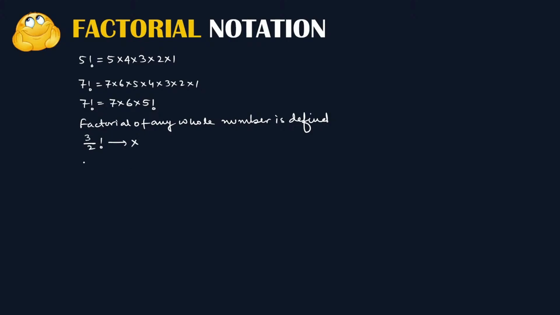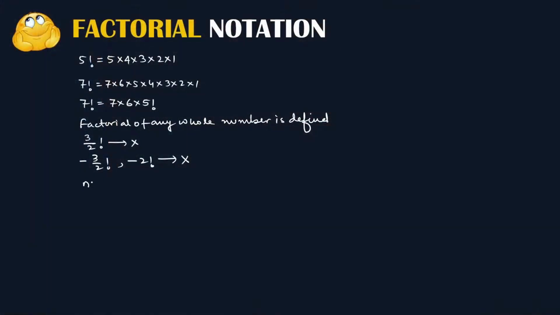Similarly, minus 3 by 2, or minus 2 factorial, does not have any meaning. So factorial is always for a whole number. We always find the factorial of a whole number. For negative integers, fractions, and negative fractions, factorial is not defined.